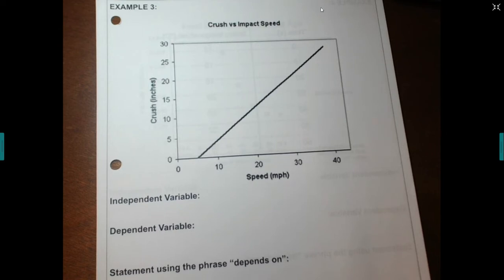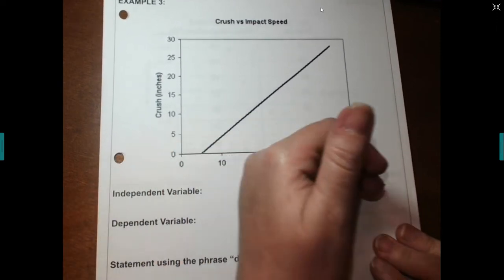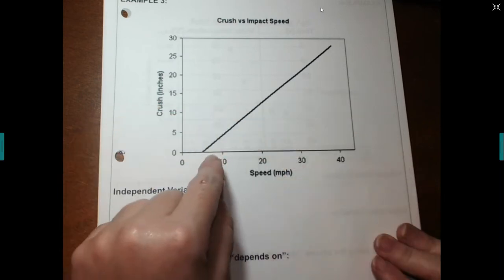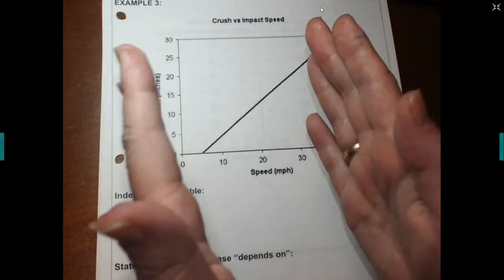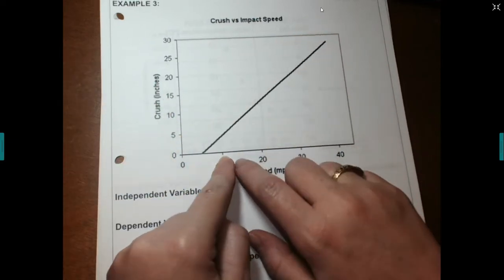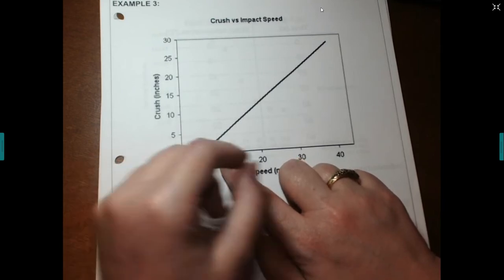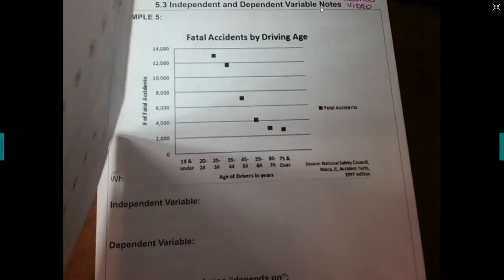This is looking at cars and car wrecks and thinking about, if I'm going a certain speed and I hit something, how much is the front end of my car going to crush up, in inches? So if I'm going 10 miles an hour when I hit something, it's only going to crush up, hold up, I need to figure out what color I'm on. We all know that is critical, important information.